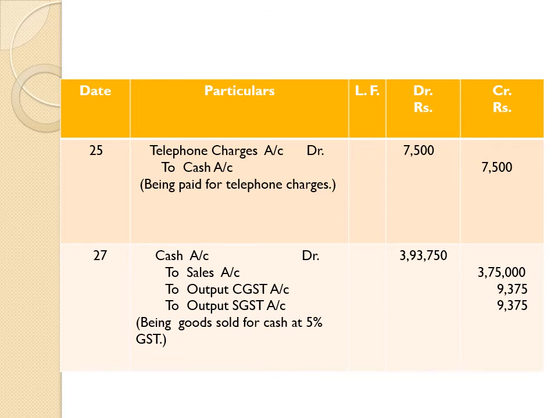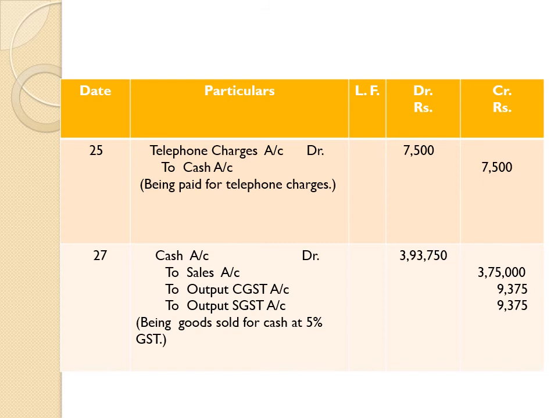So goods sold by us of rupees 3,75,000. In this we add 18,750, that becomes 3,93,750.